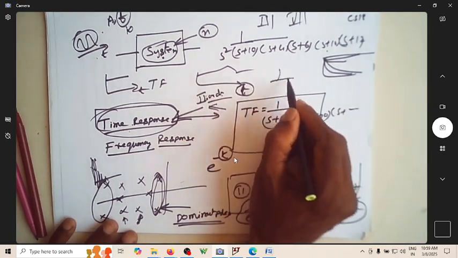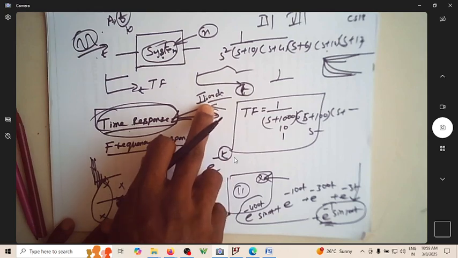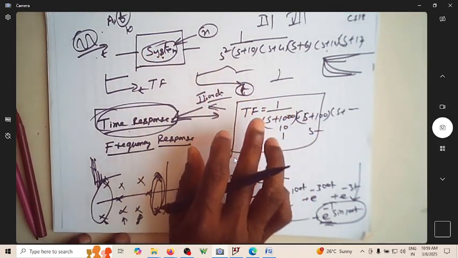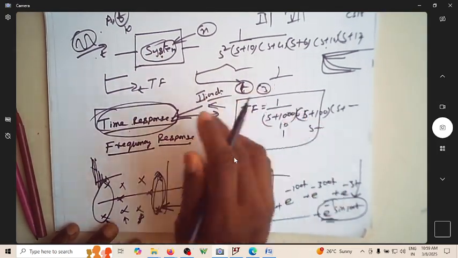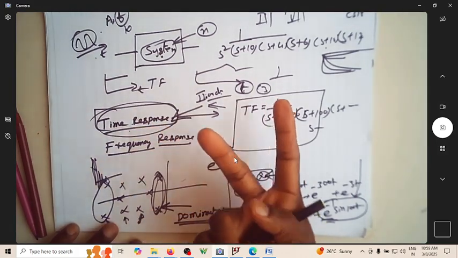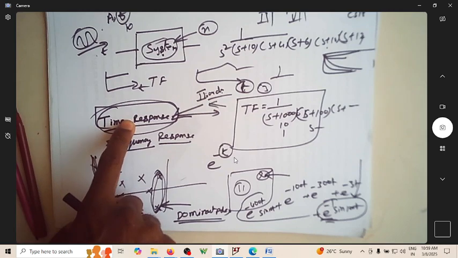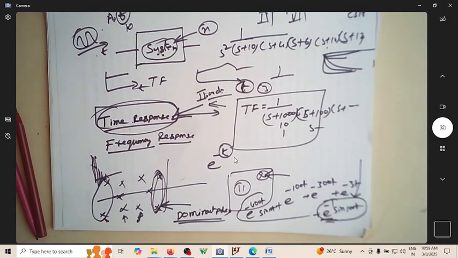If it is a first order system, then I cannot use a second order system, so I'll choose a first order system. If it is a third order system, I will consider the 2 dominant poles of that third order system and find the time response. So what I'm trying to say here is, when you are finding the time response of a system, you identify the 2 dominant poles and consider them as a second order system and find the response of the system.